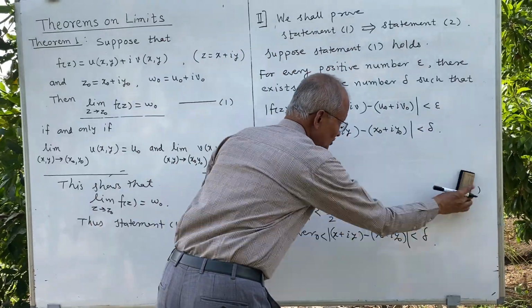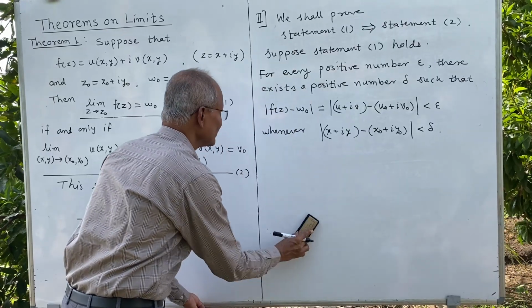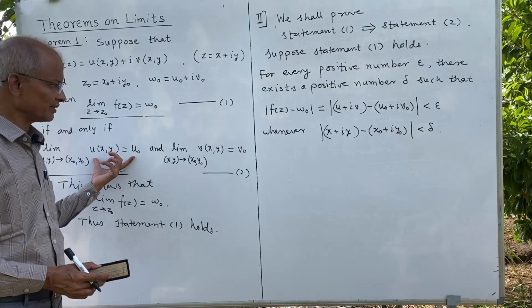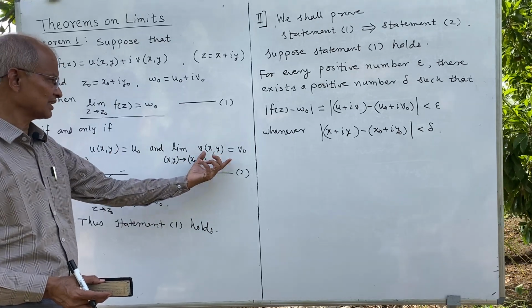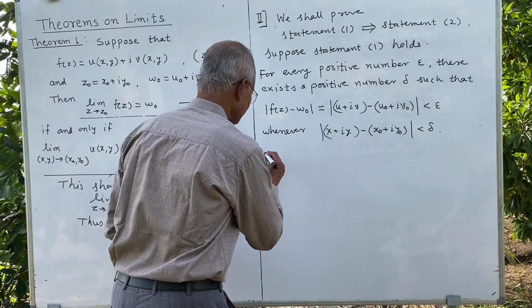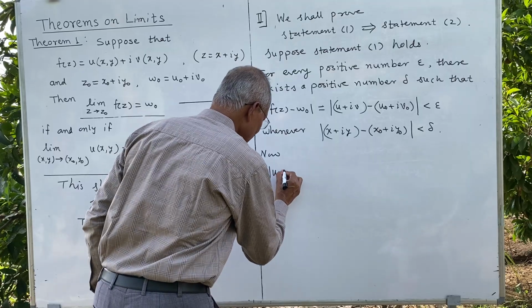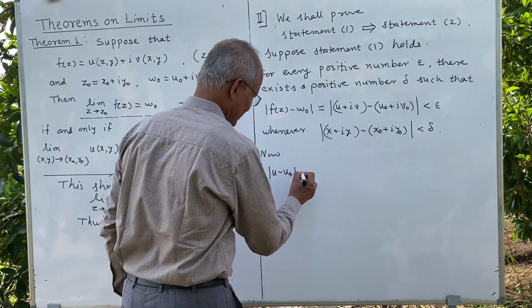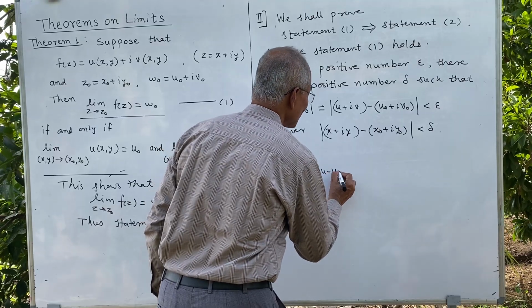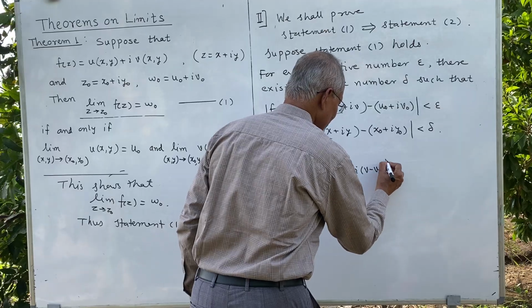Now, we want to show the second statement, and for that purpose we shall have to show that the absolute difference of u and u naught is less than epsilon, and of v and v naught is less than epsilon, when this is less than delta. Now, the absolute difference of u minus u naught is less than or equal to the absolute value of u minus u naught plus i times v minus v naught.